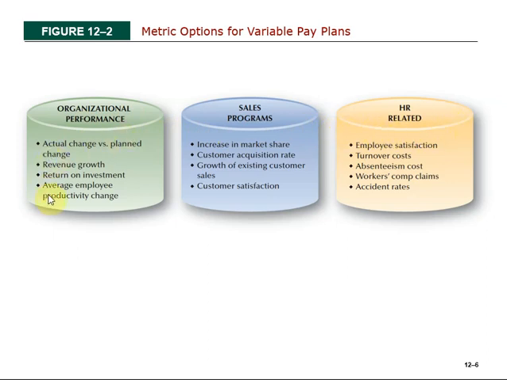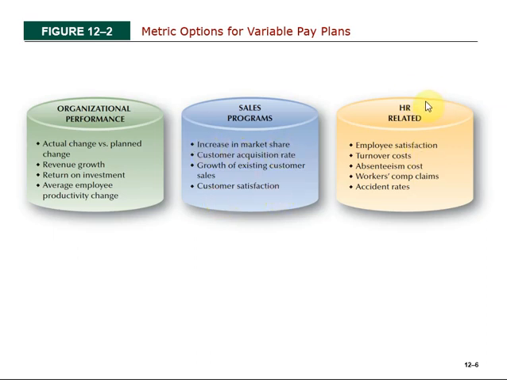And each of the bullets in here represent components that you can use to measure and evaluate the successfulness. So you can look at, hey, did we get a change in our revenue and our growth? Did we get a better return on investment? What's the average productivity per employee? When it comes to sales programs, you can look at customer satisfaction, or was there an increase in market share?